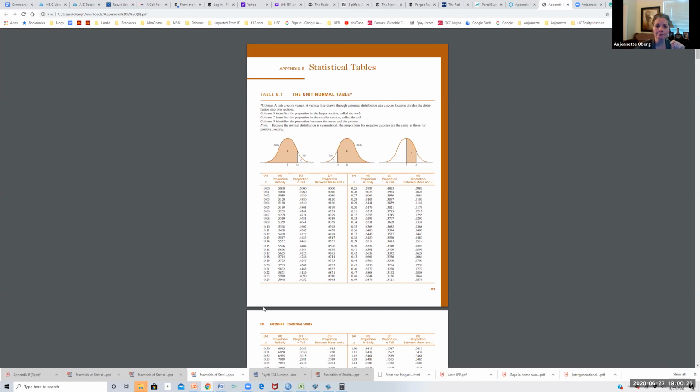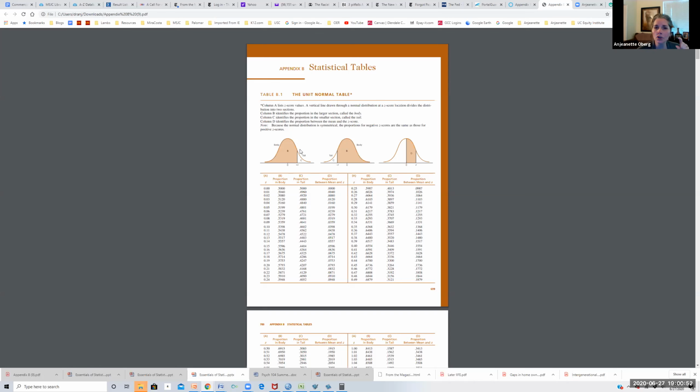Remember, we've been talking about z-scores in chunks: 1, 2, 3, -1, -2, -3. But they can be broken down into incremental parts. They're continuous, so you can have a z-score of 0.10, 0.20, 0.30. This breaks them down into hundredths, and you can see how they're getting bigger. So this is the z-score.